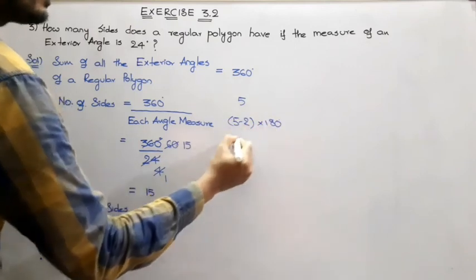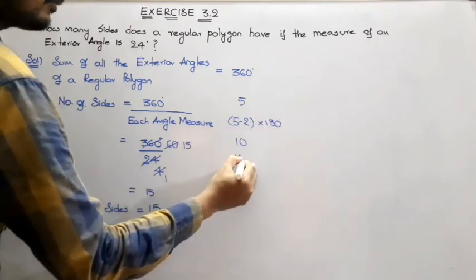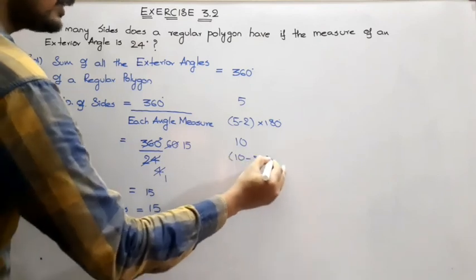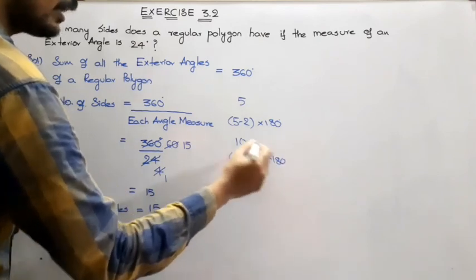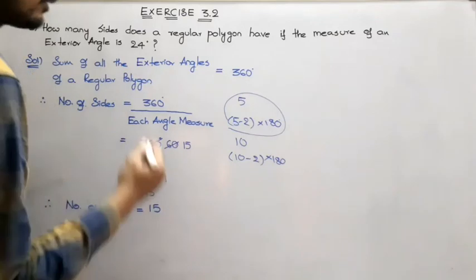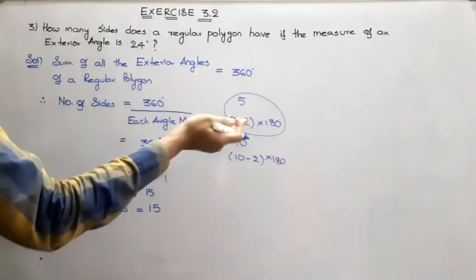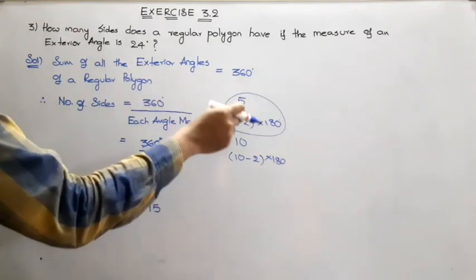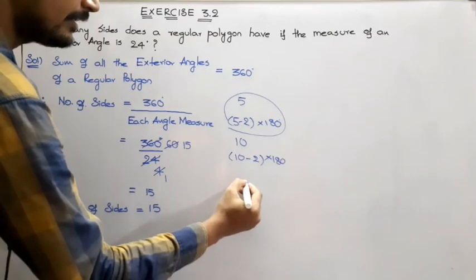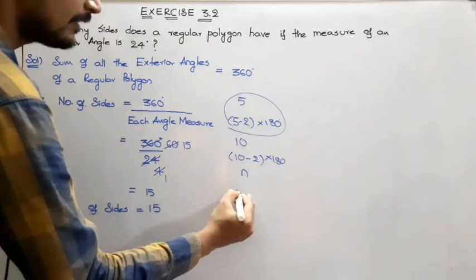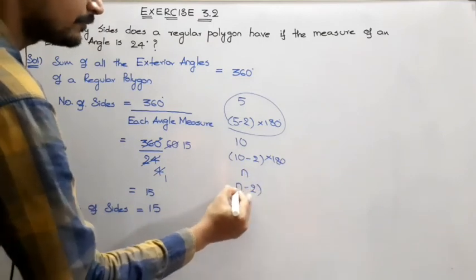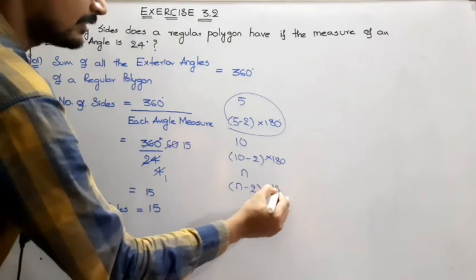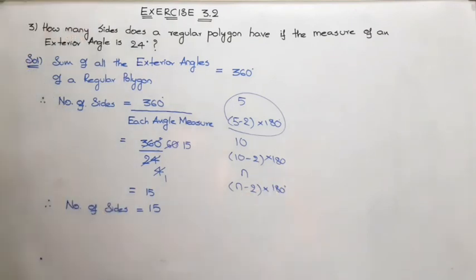If it is a 10-sided polygon, 10 minus 2 into 180 degrees. I am here talking about interior angles. For exterior angles it is 360 irrespective of the number of sides. When they ask for interior angles of n sides, it is n minus 2 into 180 degrees. Hope you are clear with this, children.